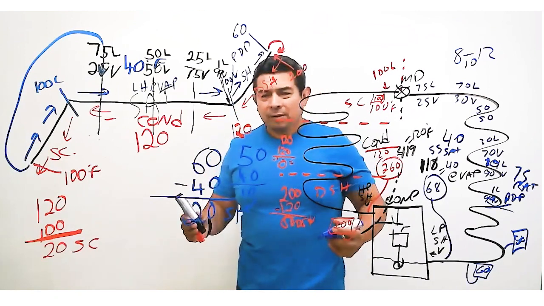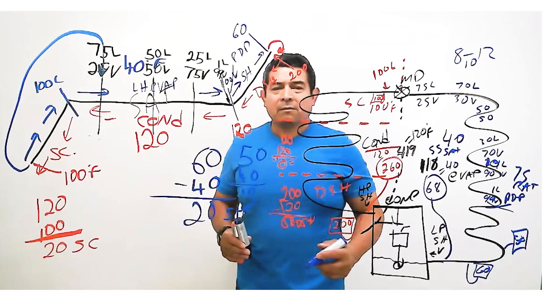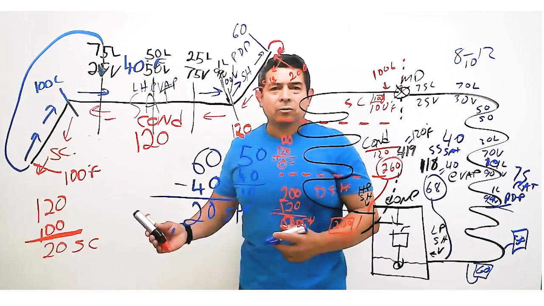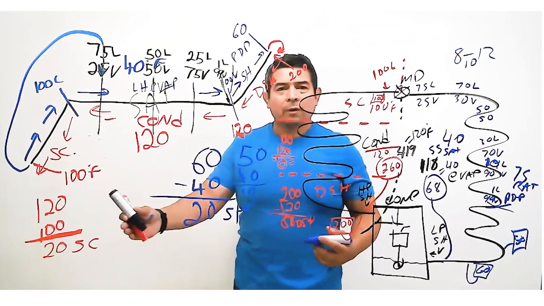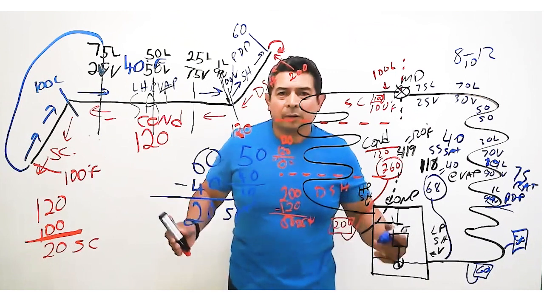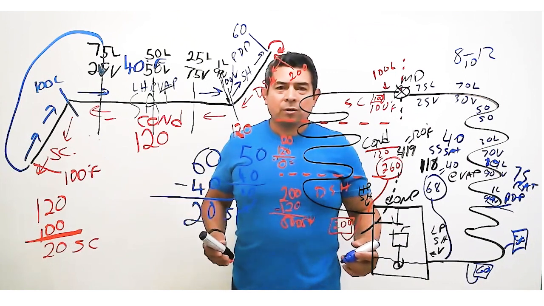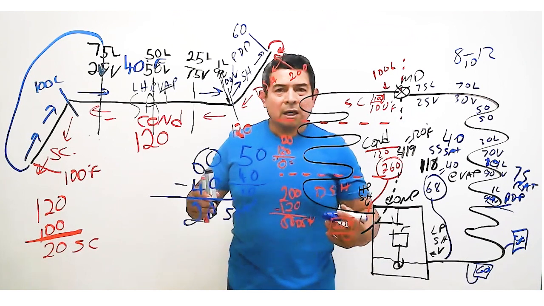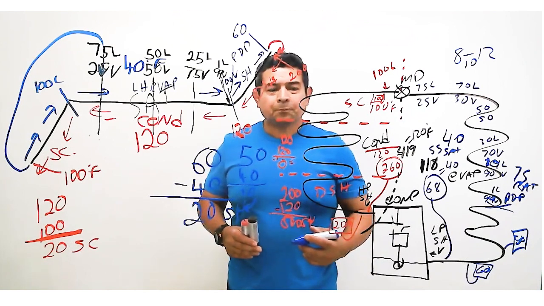Well, rule of thumb says, okay, that's pretty good. That's about right. But who knows better, the manufacturer or me? The manufacturer may say we want 10 degrees of subcooling, 5 degrees, 25 degrees. The manufacturer knows better. Look in the charging charts, look in the unit, and see what the manufacturer says.